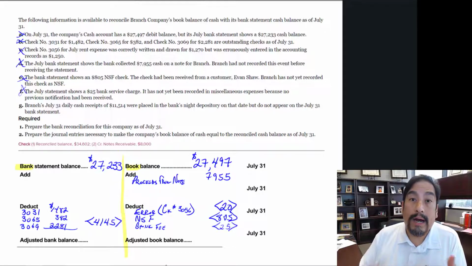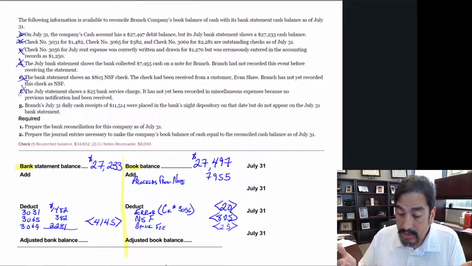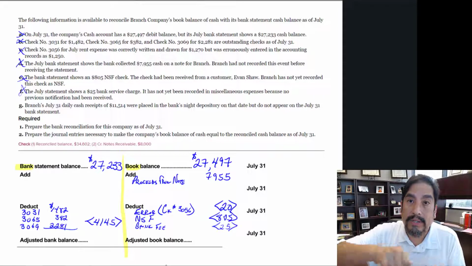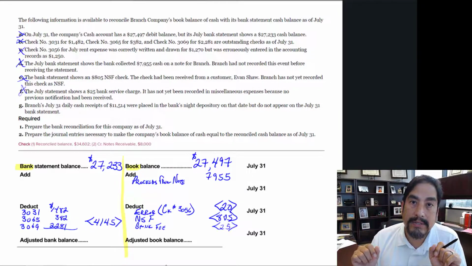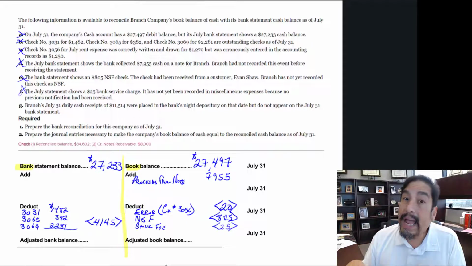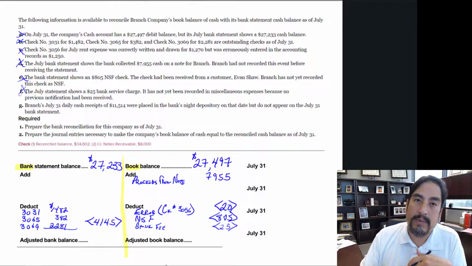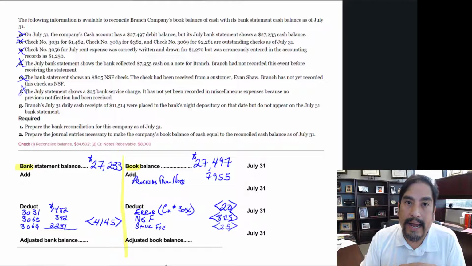So we collected cash from our customers, $11,514, wrote up a deposit slip, put it into one of those locking bank bags, and then dropped it after hours into the night depository bank and recorded it in our books as an addition to cash. But when the bank printed off our bank statement, they hadn't yet gone and collected whatever drops were made into that night depository box.